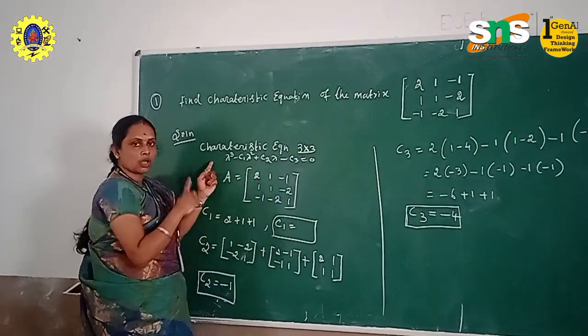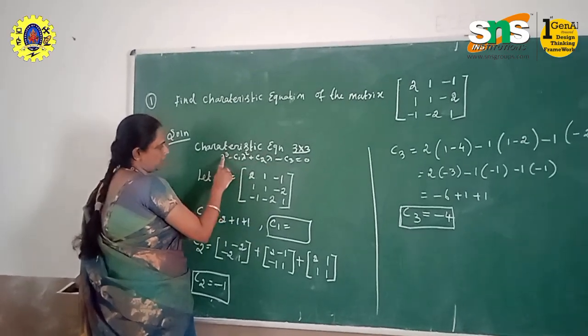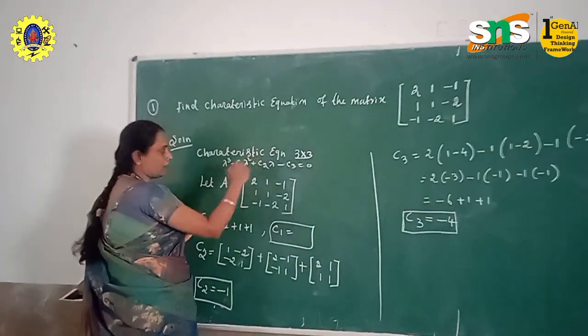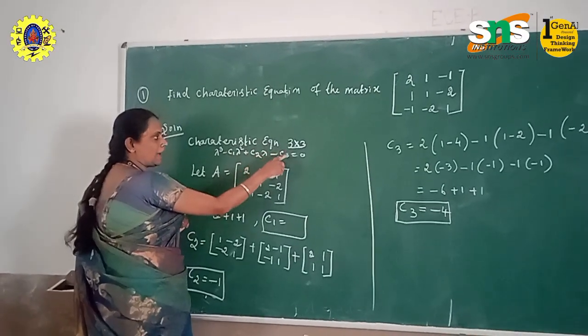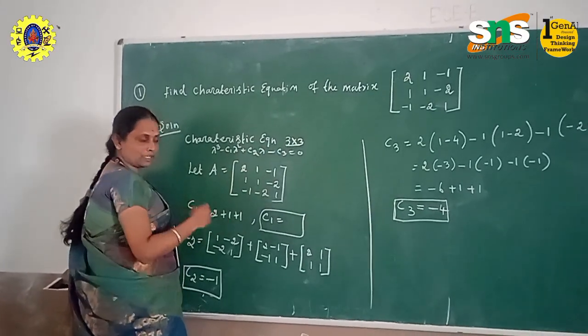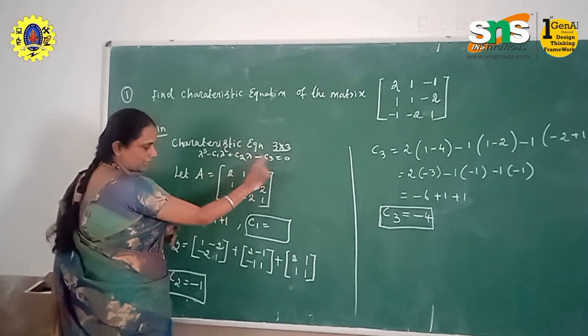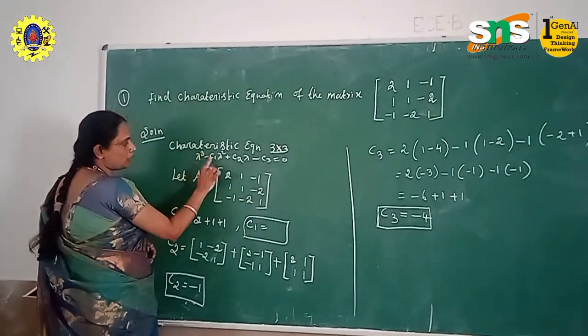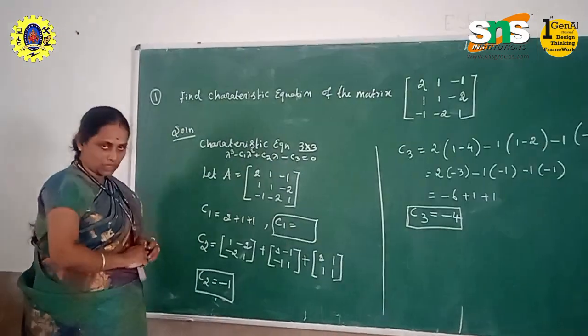We use the alternating signs, plus and minus. Lambda cube, lambda square, lambda power 1 and lambda power 0. Anything power 0 is 1, so c3 into 1, we just write c3. So lambda cube minus c1 lambda square plus c2 lambda minus c3 equal to 0.